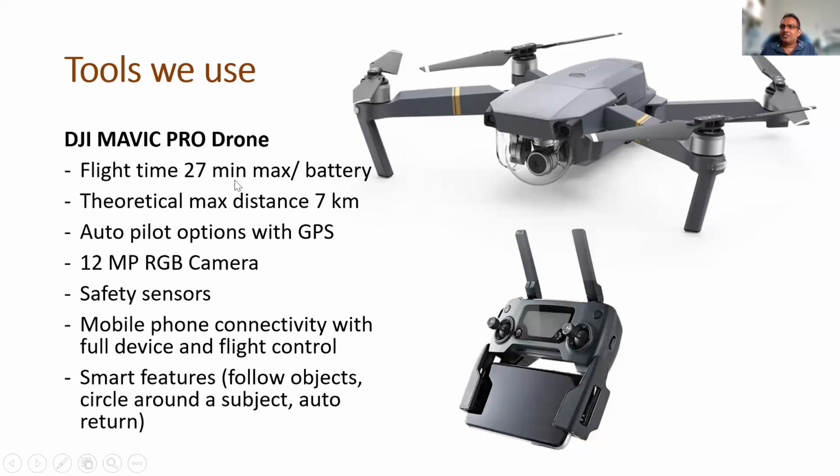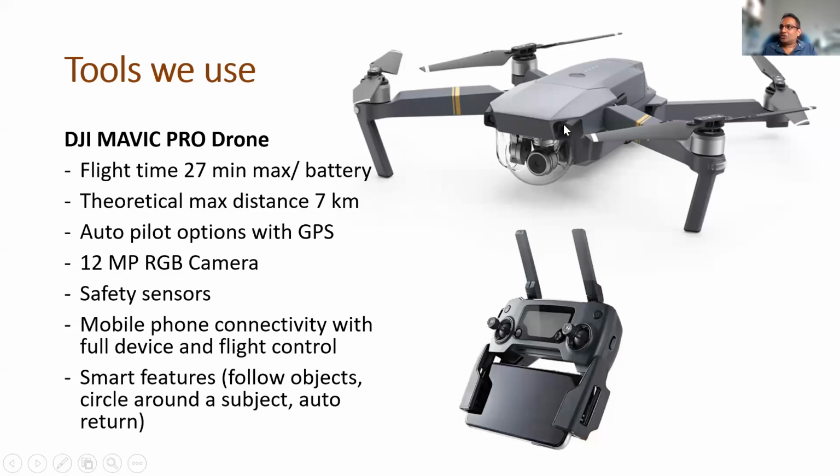So this one has a flight time of 27 minutes maximum with one battery, and it can go up to 7 kilometers theoretically. That's what they specify, but there are some limitations. It has autopilot guided by the GPS and a camera with a 12 megapixel sensor.